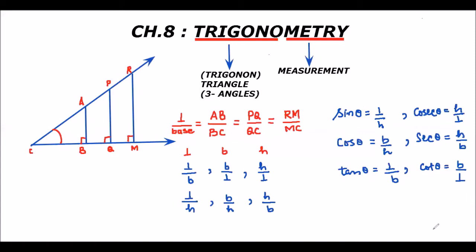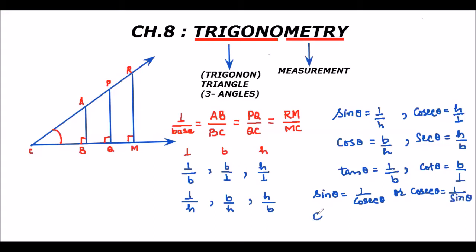Now children, with this you have observed that sine theta is equal to 1 upon cosec theta, or you may say cosec theta is equal to 1 upon sine theta.